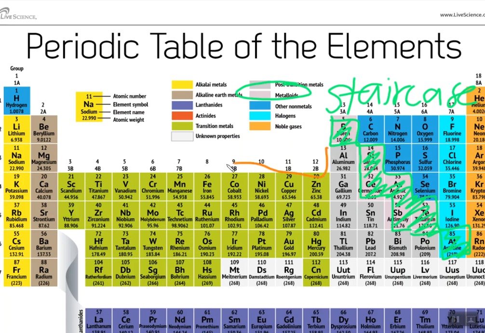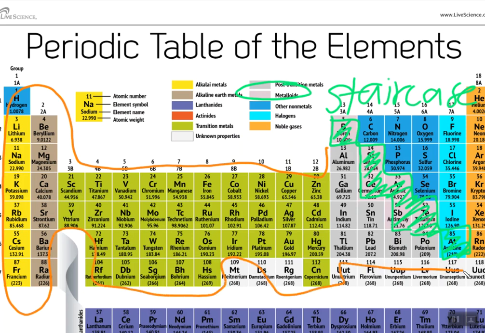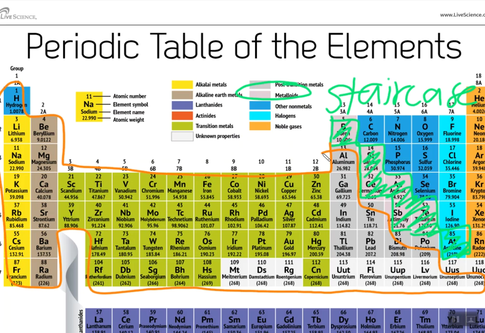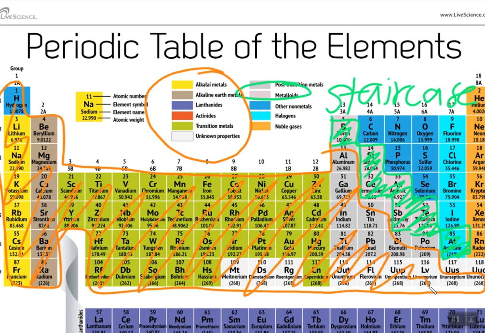So everything over here on the left are all metals. As you can see here, they're all metals. So this whole area are metals. They're not metalloids, but they're metals. Like hydrogen, beryllium, hassium, bohrium, copper, zinc, nickel, cobalt. All of these are metals because they're on the left of the staircase.